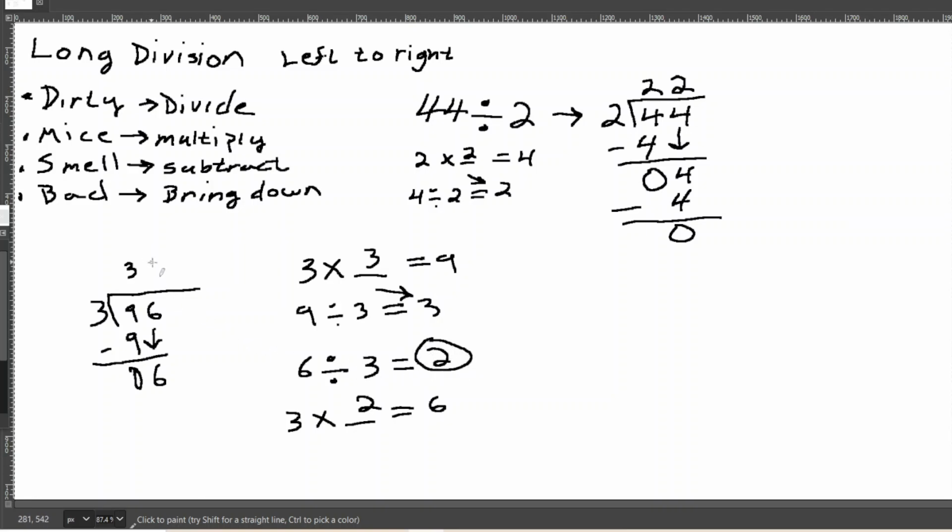And that's why the 2 is going to go up here. Now that we've placed this 2 in, we can do 2 times 3, right? 2 times 3. And that's going to equal 6. Well, what's 6 minus 6? 0, right?